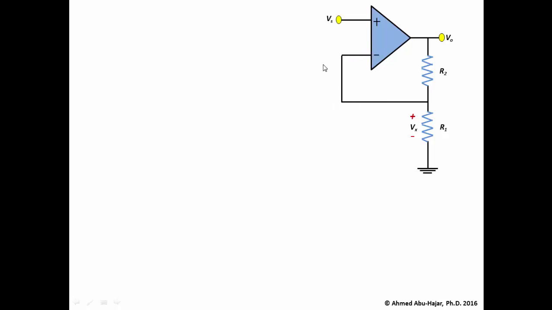Now I'm going to feed this Vx back into the inverting input, and I wanted to stress that the current going to the op amp is roughly 0. It's very small. This is why when we design the op amp, we make sure that the current going into the op amp is very small, because when we connect the feedback through it, we don't want any current going to the op amp.